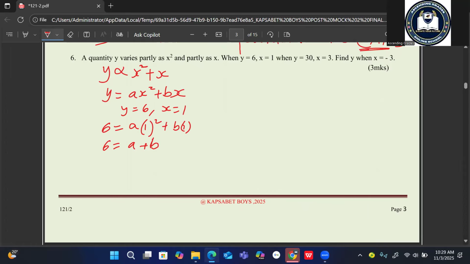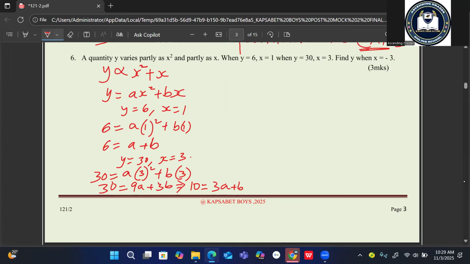Then the other one, when y is equal to 30, x is 3. So replace it there. So 30 should be equal to a into 3 squared plus b into 3. So that one gives you 30 is equal to 9a plus 3b, which is just the same as when we divide it through by 3, it gives you 10 is equal to 3a plus b.